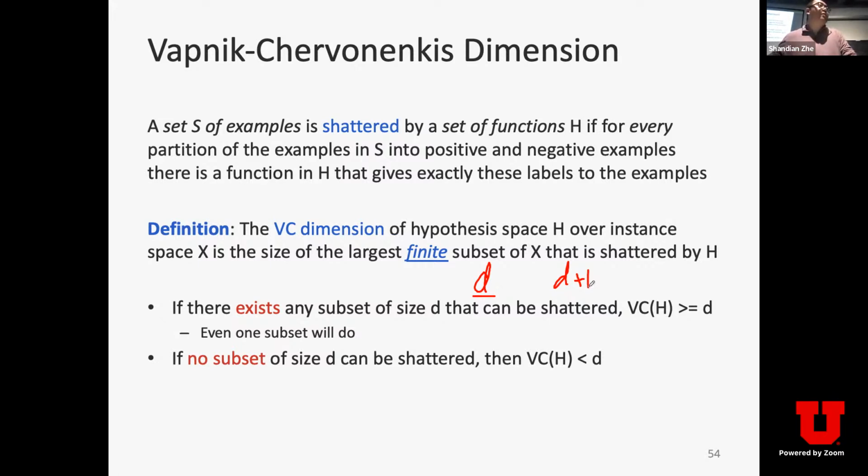Then you should stop, because your VC dimension will be less than D plus 1, and that gives you the conclusion that your VC dimension is just D. Does it make sense? Any questions? Everyone feels comfortable?